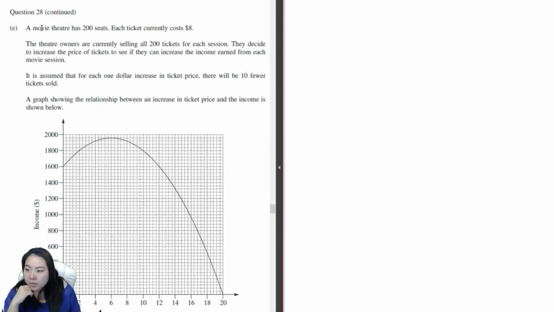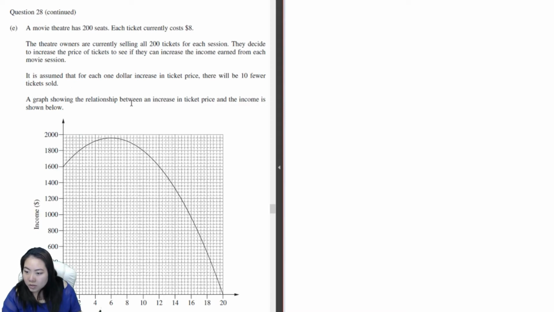Question E. A movie theater has 200 seats. Each ticket is $8. The theater owners are currently selling all 200 tickets for each session. They decide to increase the price of tickets to see if they can increase the income earned from the movie session. It is assumed that for each dollar increase, there will be 10 fewer tickets sold.